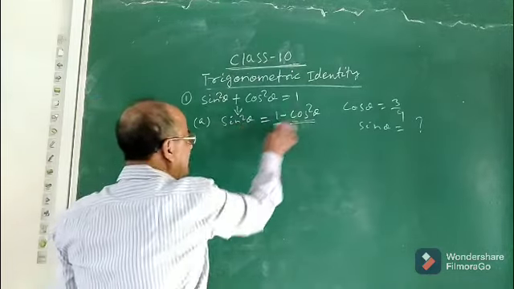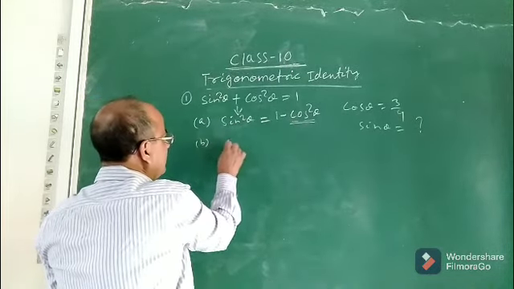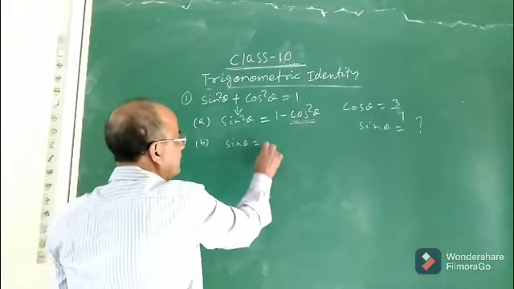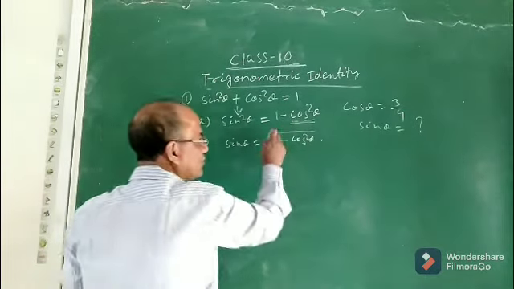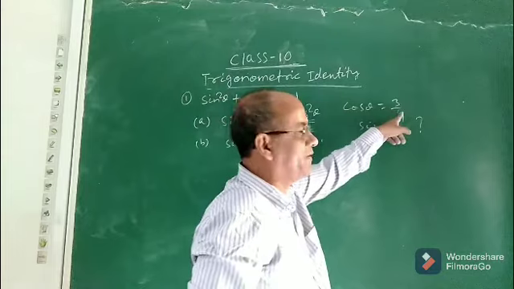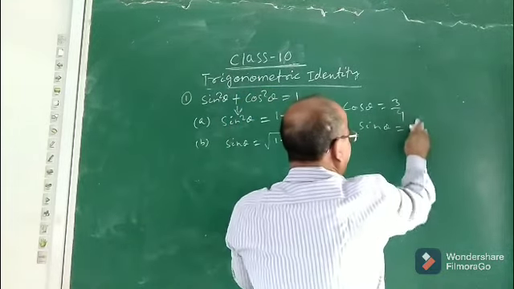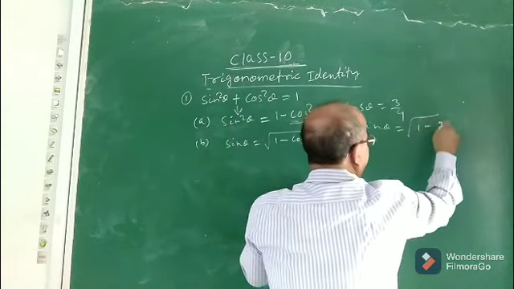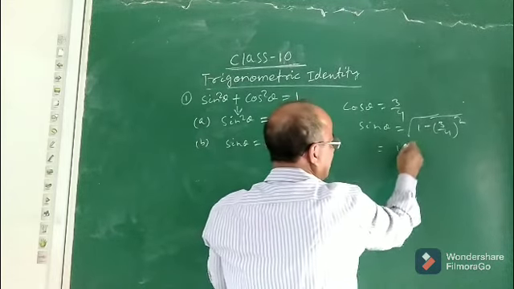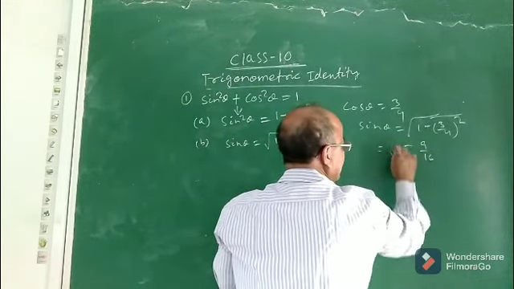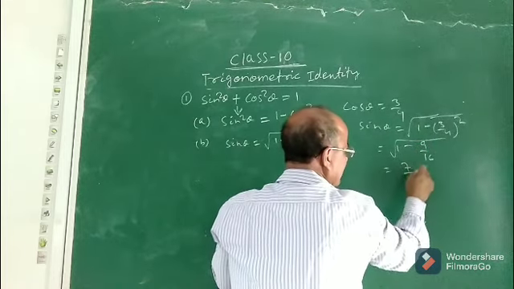Now sin square theta is 1 minus cos square theta, so sin theta is the square root of 1 minus cos square theta. Cos theta is given as 3 by 4, so it is the square root of 1 minus 3 by 4 whole square, which is the square root of 1 minus 9 by 16, which is the square root of 7 by 16.